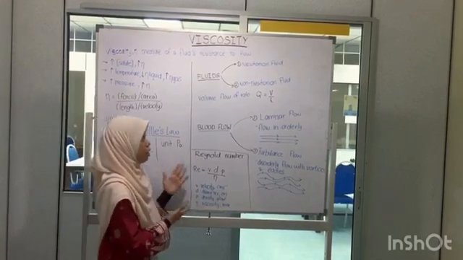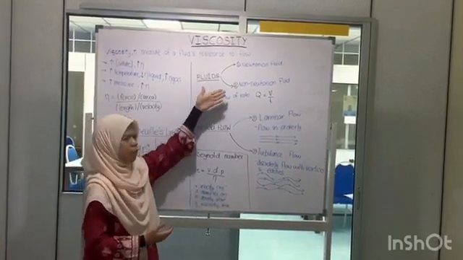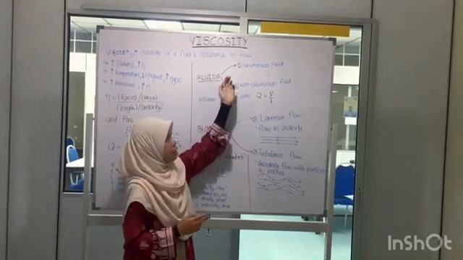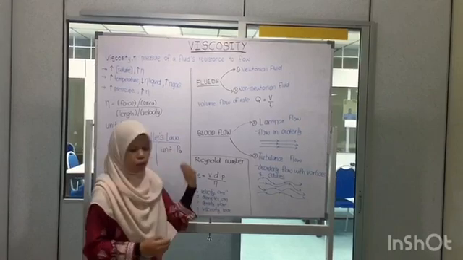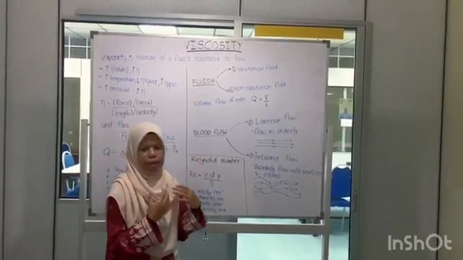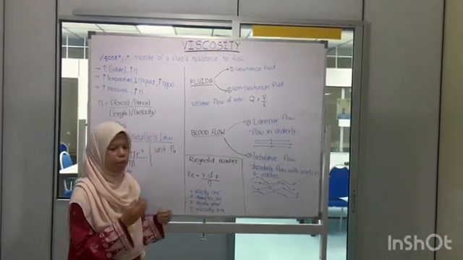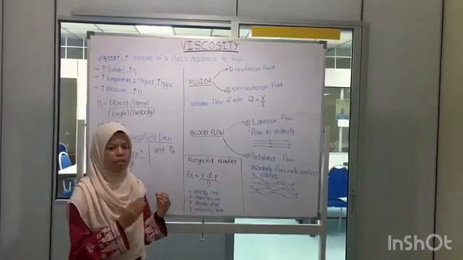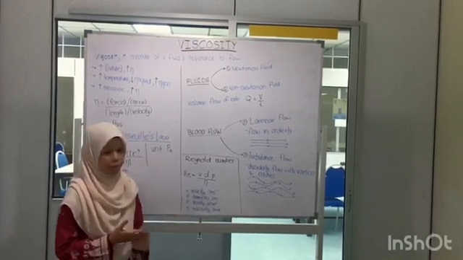Next, under viscosity, we have fluids and blood flow. We have two types of fluids, which are Newtonian fluid and non-Newtonian fluid. In a Newtonian fluid, the dynamic viscosity is constant at different velocities, with friction force inside the fluid directly proportional to flow velocity, for example water.